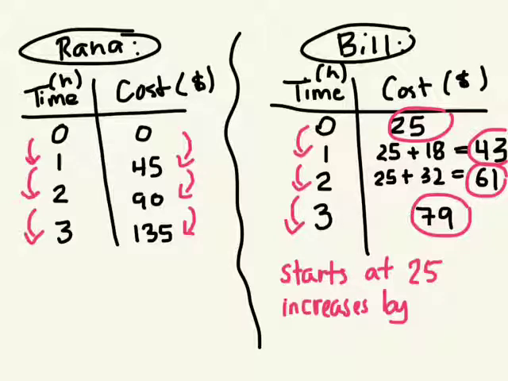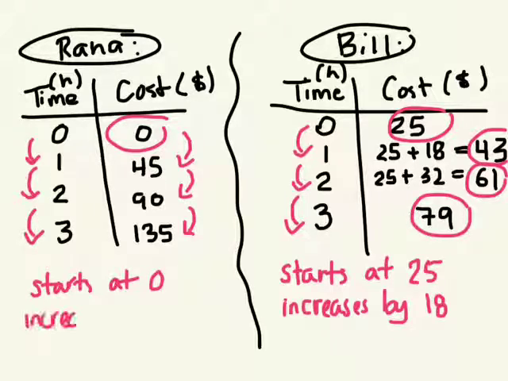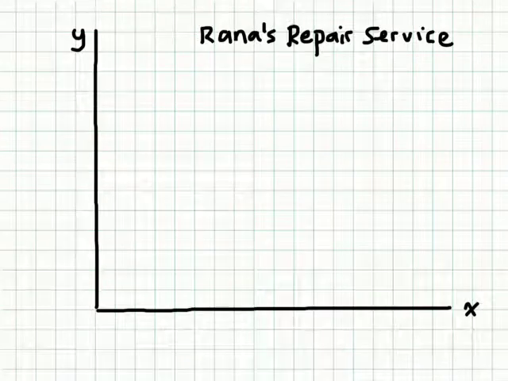By 18. Okay, so this one starts at 25. Where does this relation start? Rana's relation? Good. Starts at 0 and increases by 45.